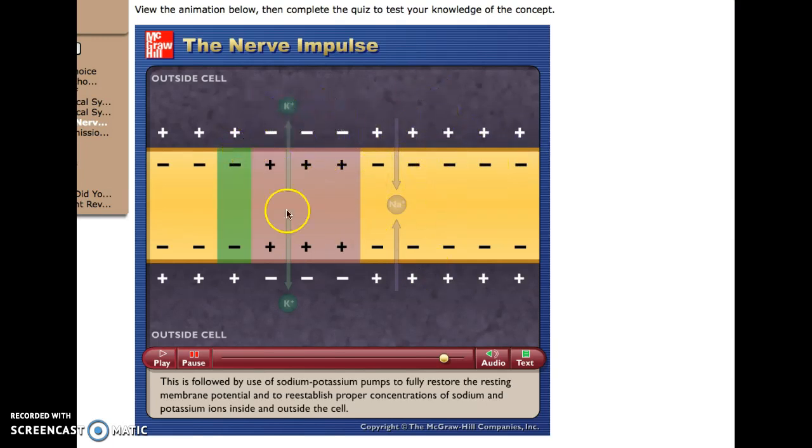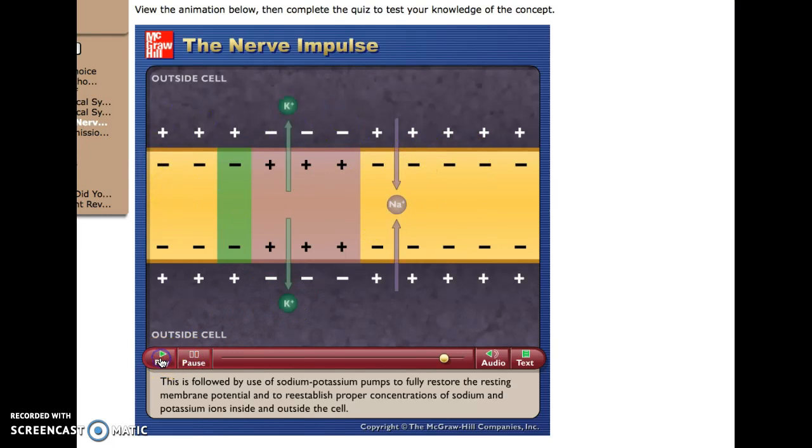So that's depolarization in purple. Repolarization is happening here in green, and that's where potassium is allowed out of the cell. And then just after that, we have resting potential again. So it sends it through the membrane like a wave.